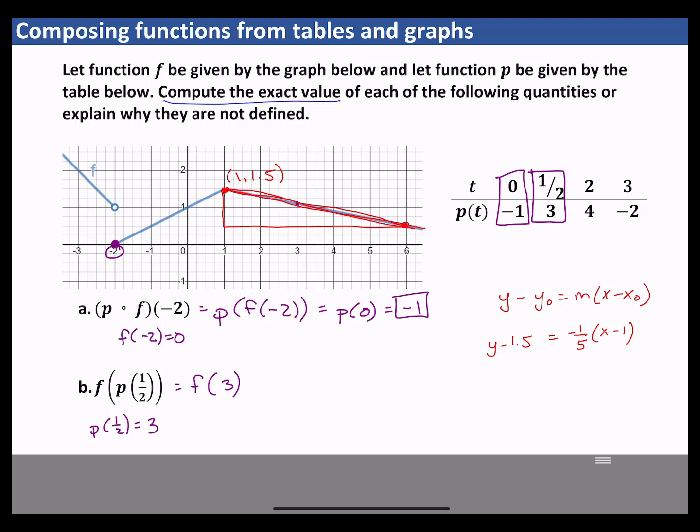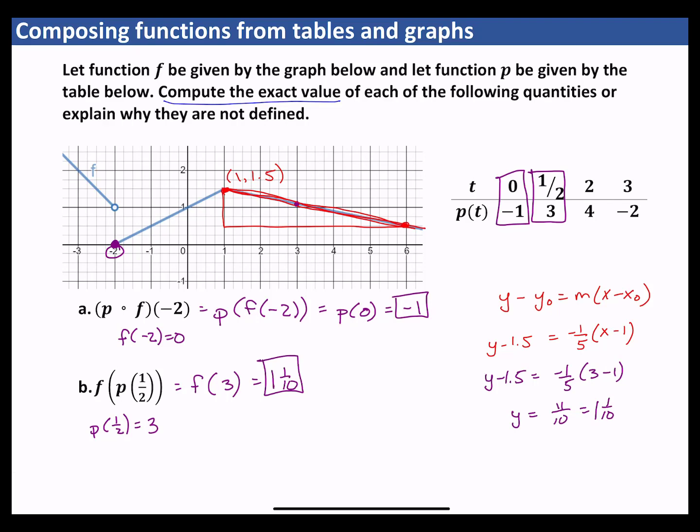And remember, we're trying to find f of 3, so we're going to let x equal 3. And I will let you verify that that equals 11/10 or 1 1/10. So f of 3 equals 1 1/10. Remember, we knew f of 3 was a little bit bigger than 1, so now we know exactly what f of 3 equals, 1 1/10.